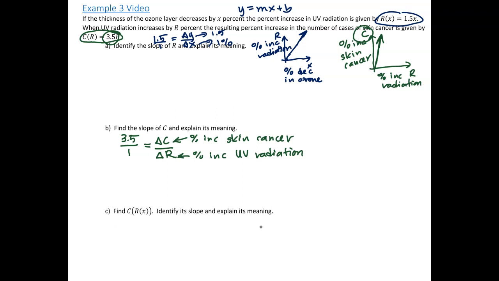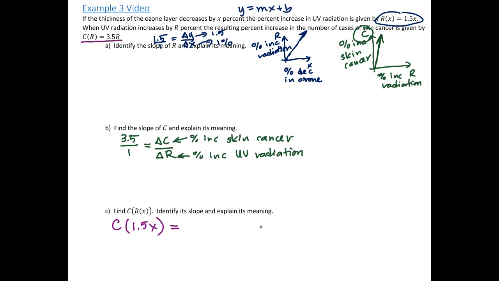Okay, last but not least, find C of R of X and then identify slope, explain meaning. Okay, so C of R of X is saying take the function R of X, which is equal to 1.5x, and plug it into C. So you're going to take the equation for R of X and plug it into the formula for C. These are really simple, which actually sometimes makes it a little harder for people.